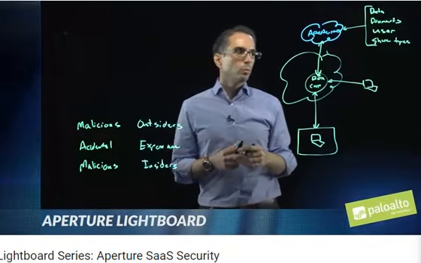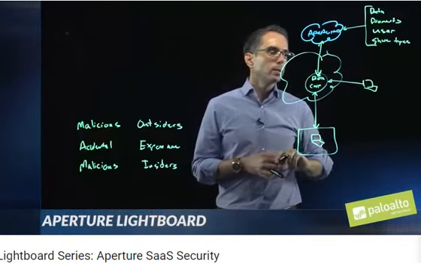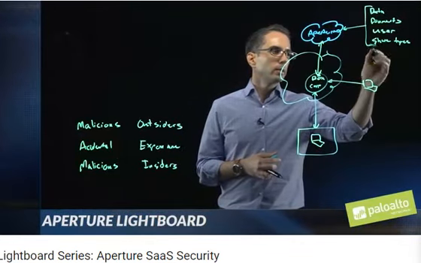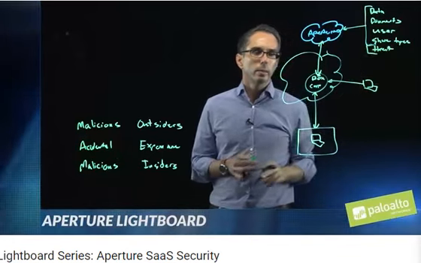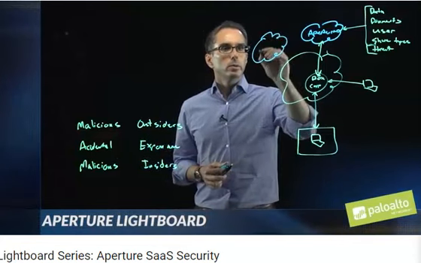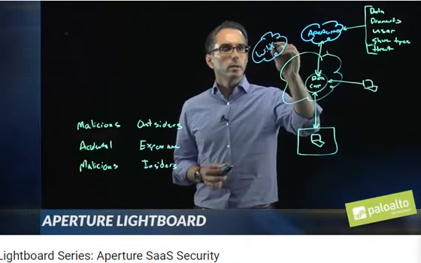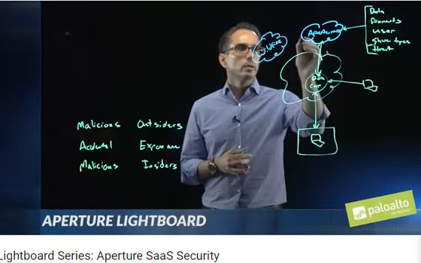Now, what about the malware piece that we talked about? And that's really the last piece that you want to be able to have visibility into. And so let's add threat here. Let's make it much more encompassing. And that's why we've introduced WildFire. WildFire is supported by Aperture.